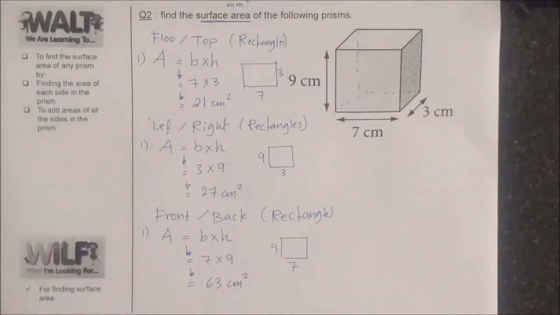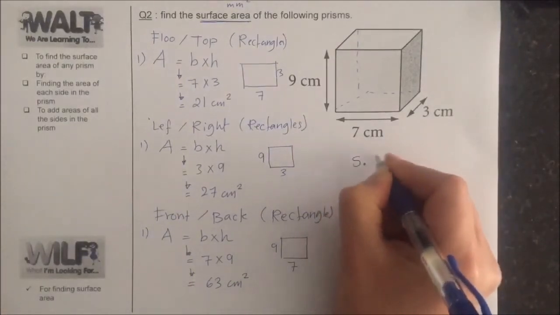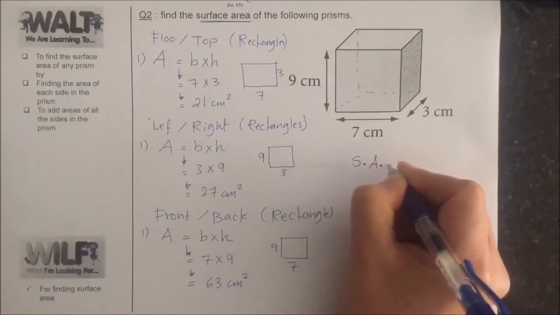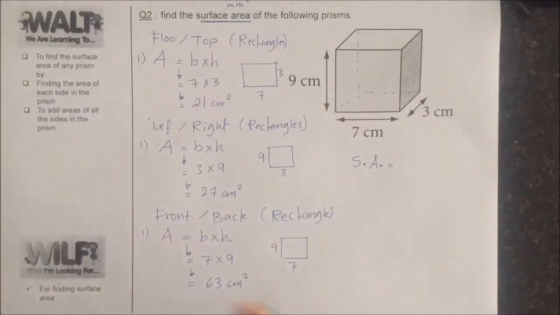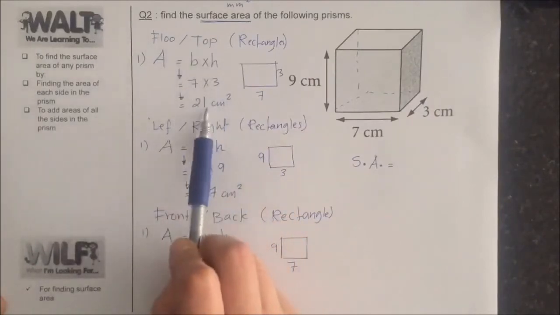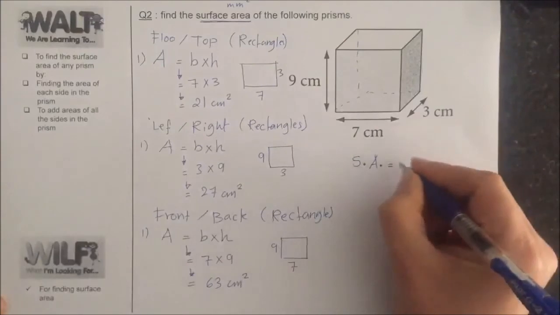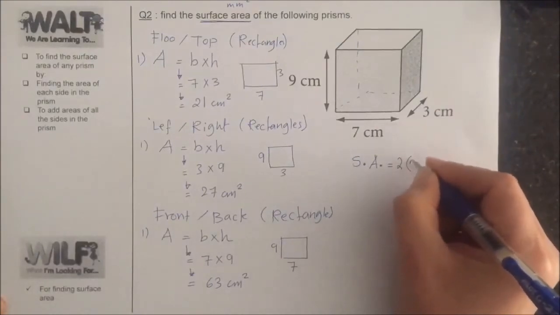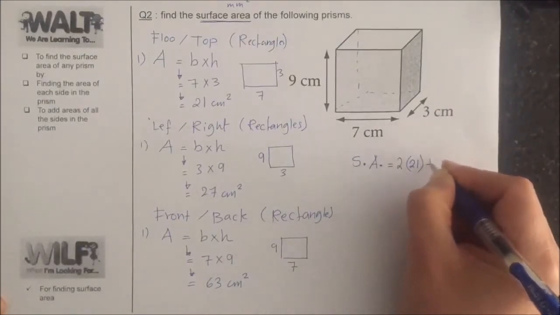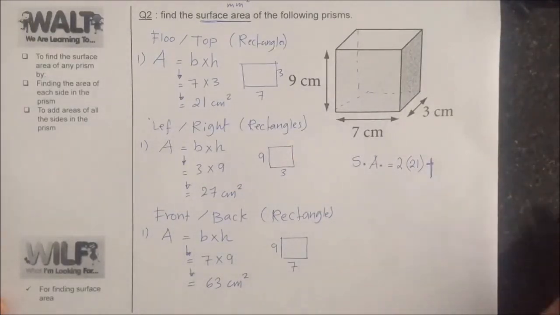Now, to find the surface area, I'm going to give it an initial: surface area is equal to how many identical faces I have here with the exact same measurement, floor and top. So I have two faces, the floor and top, times 21. Plus, remember, surface area is adding all areas of the 3D object.